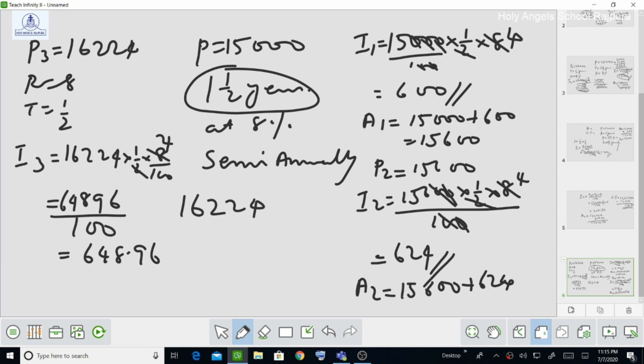Let us see the final amount, A3. A3 is the amount after 1.5 years.